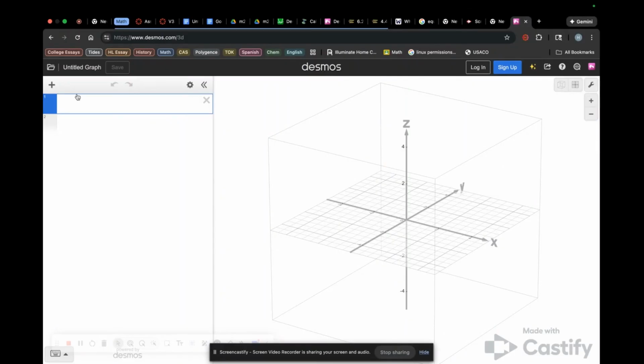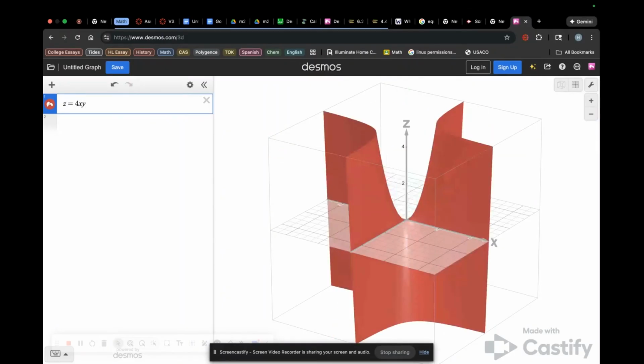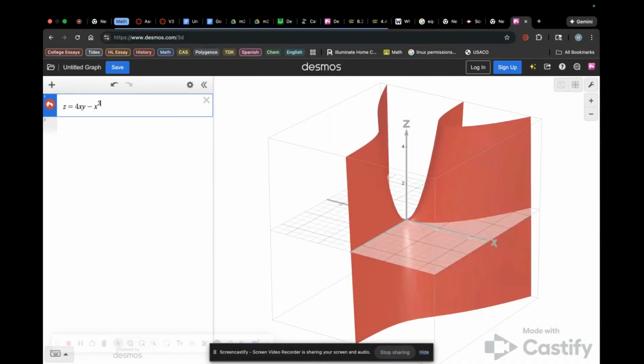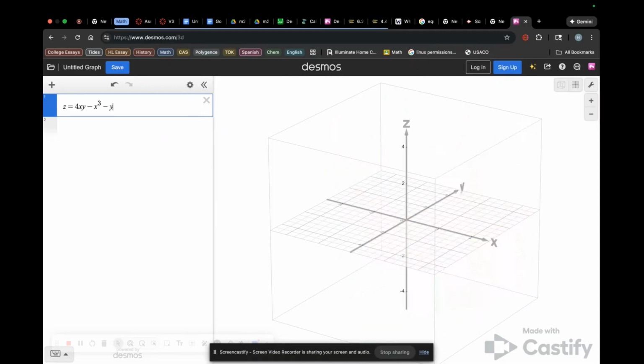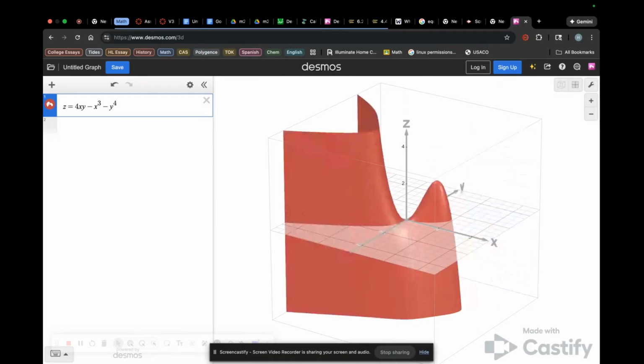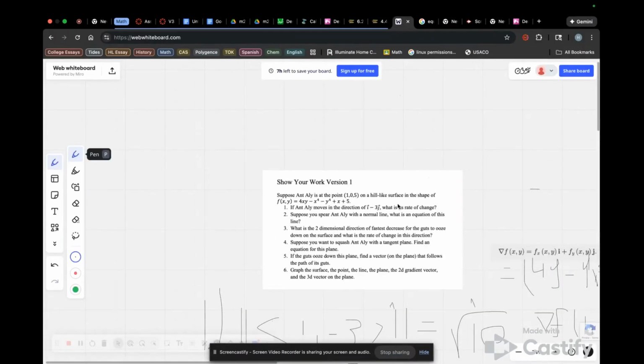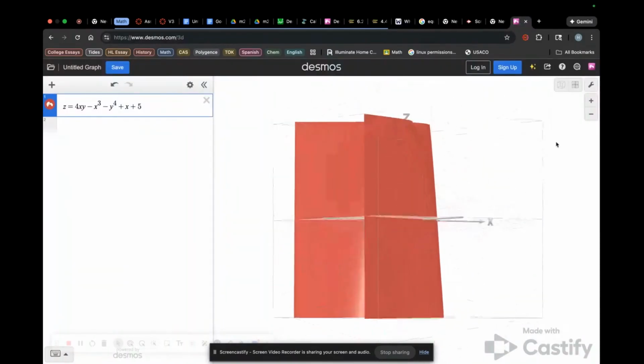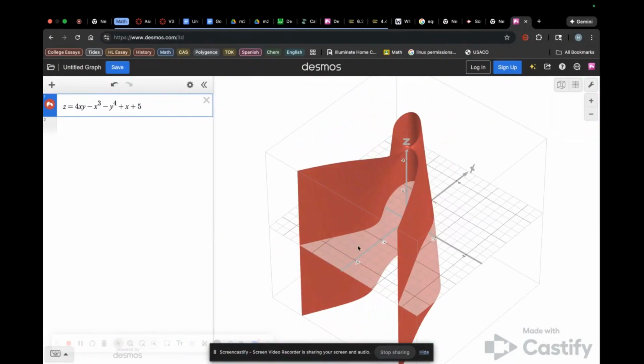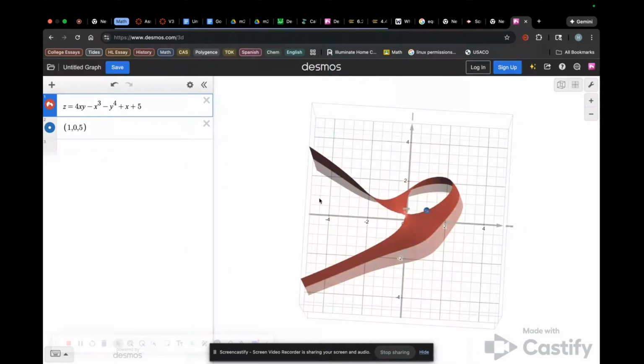Alright, so the first one is the surface for xy. Okay, so this is our surface. Now we got the points. On the surface, we are right here.